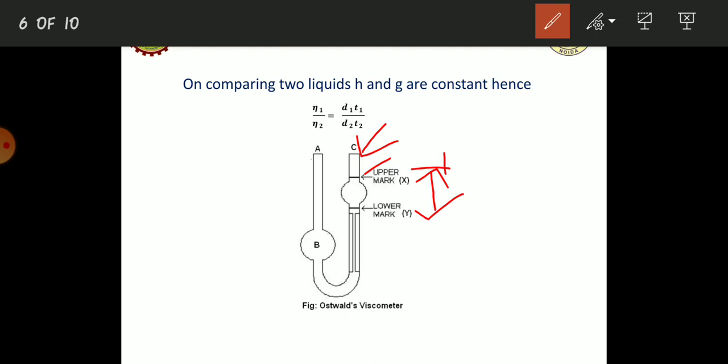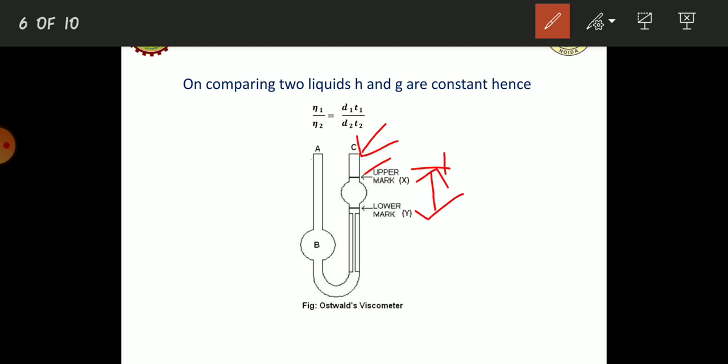Take 3 concordant readings. Introduce a sufficient volume of distilled water with the help of a pipette or measuring cylinder in bulb B through the end of A, so that the bent portion of the U-tube and more than half of the bulb B are filled up.